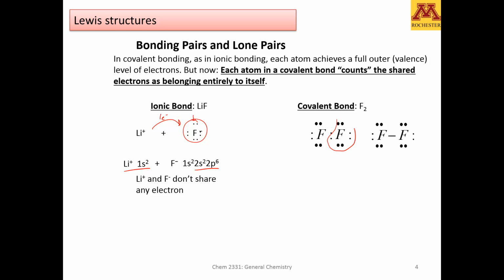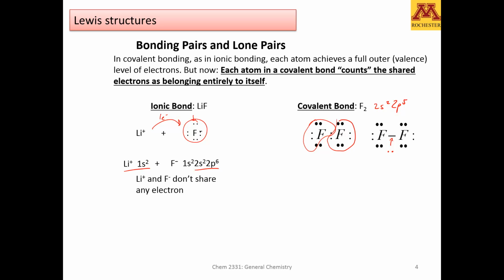You have 2s2, 2p5, so you have 7 dots, 7 electrons around each. These two will form a bond. When you see this bar, that implies the same as 2 dots being shared. This is a single bond in which the 2 fluorines are sharing 1 electron each.